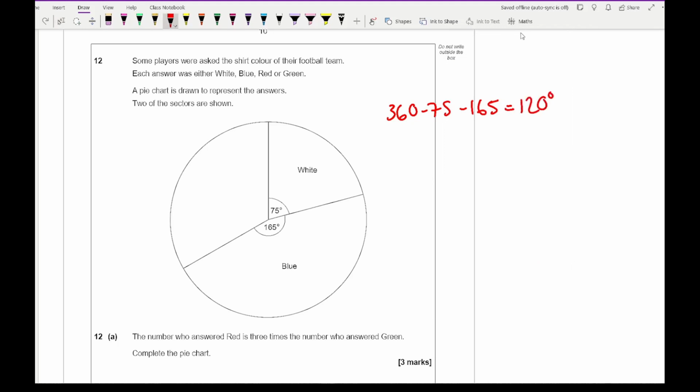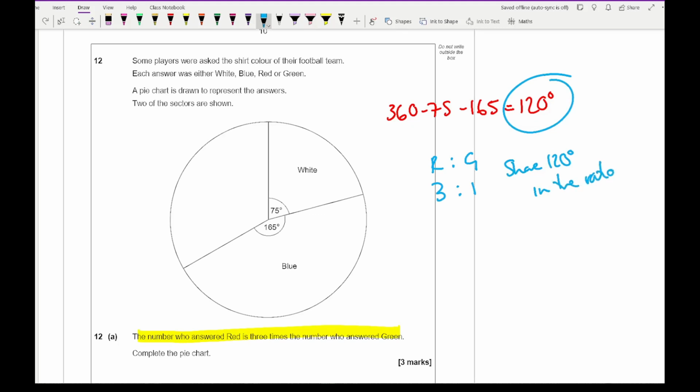So from this, looking at this bit of information, we know that red to green is in the ratio of 3 to 1. So if I need to share 120 degrees in the ratio of 3 to 1, then 3 plus 1 is 4. 120 divided by 4 is 30.